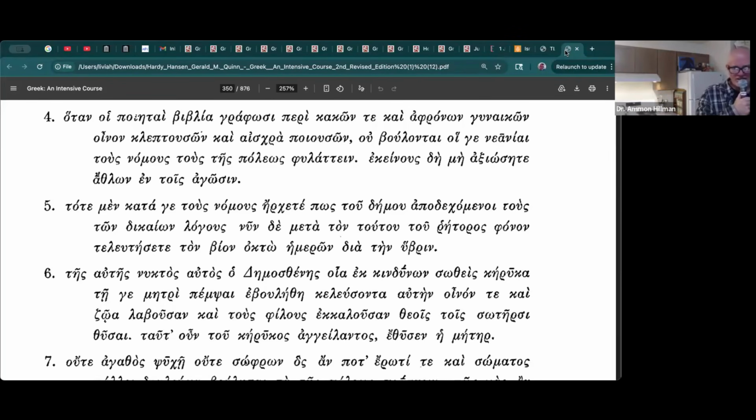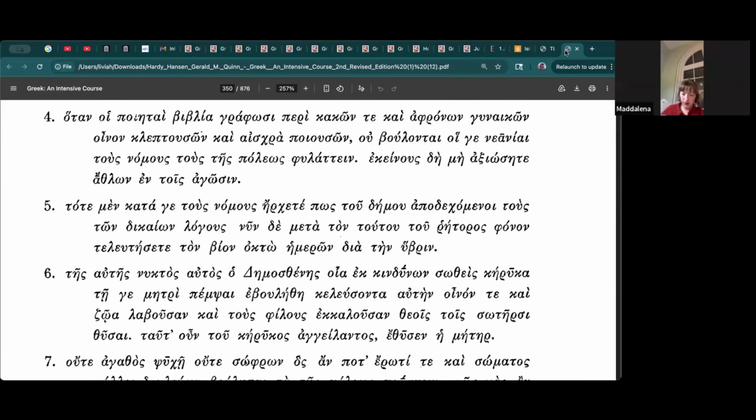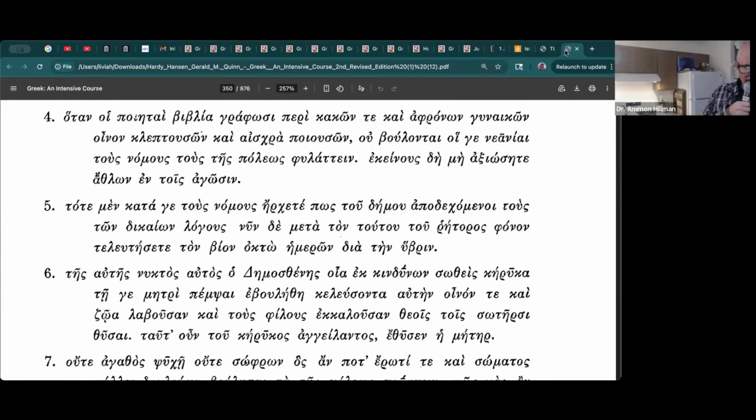Are we trying to tell people not to do something? Me axiousthe. Do not deem worthy. It's just telling us not to do something, right?